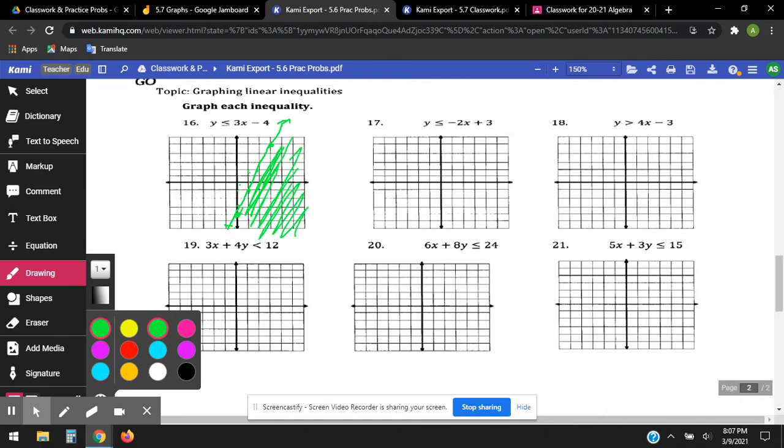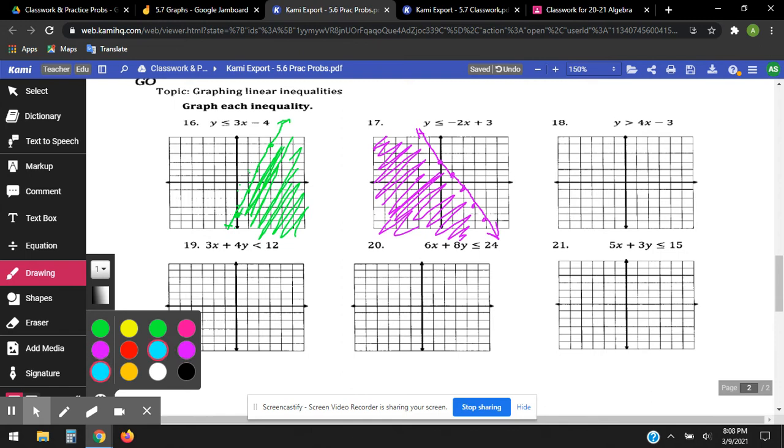Pretty straightforward. All right, for this one, start at plus 3, and it's a down 2 over 1 for a slope. Down 2 over 1, down 2 over 1, down 2 over 1. It is an equal as well. So that and y is less than. So I'm going to do the y's that are less than.